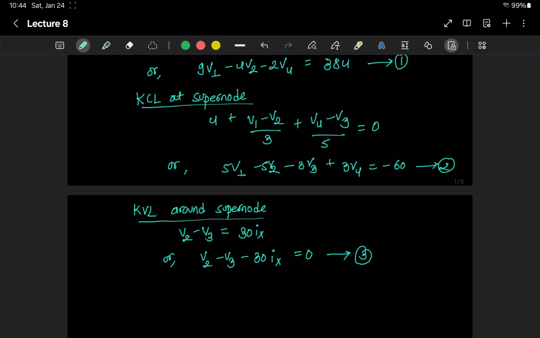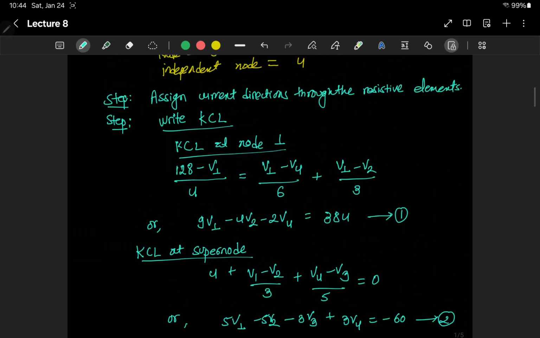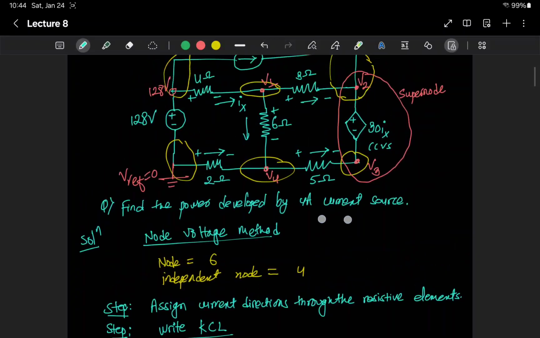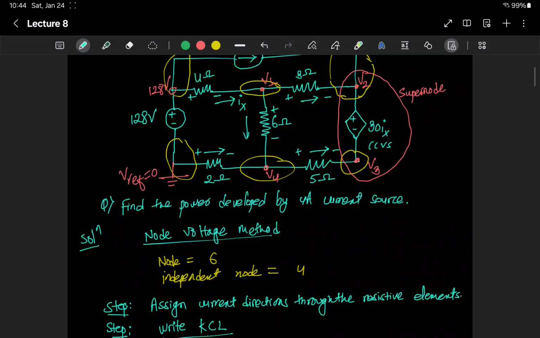One can come from writing another KCL around one of those independent nodes. What we can do is write a KCL around this node, because then V4 is already in the previous equation, V1 is in the previous equation, and V3 is in the previous equation. So we don't add any unknown parameters, but we add an extra equation here.